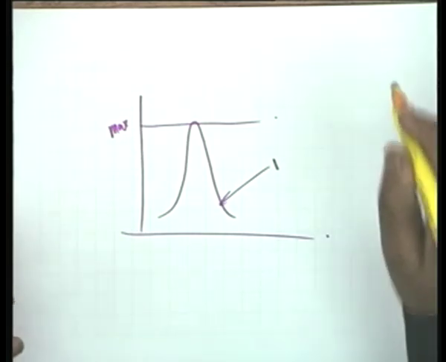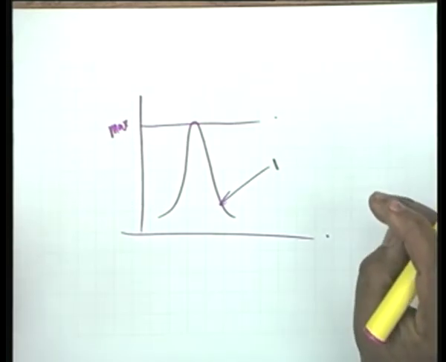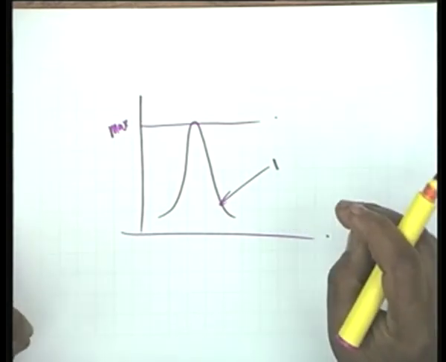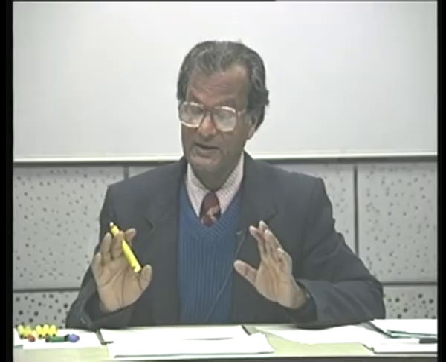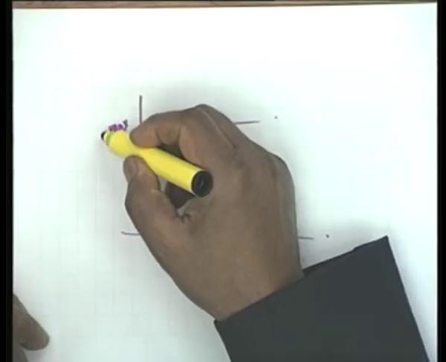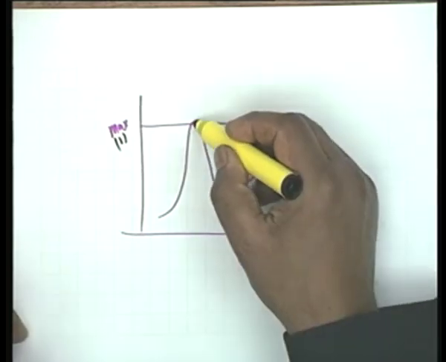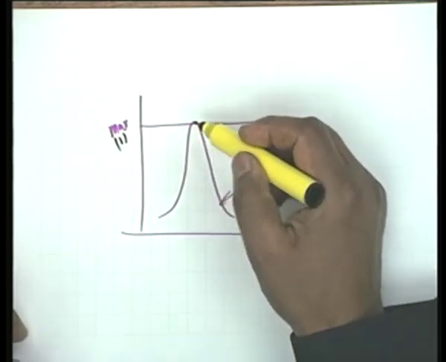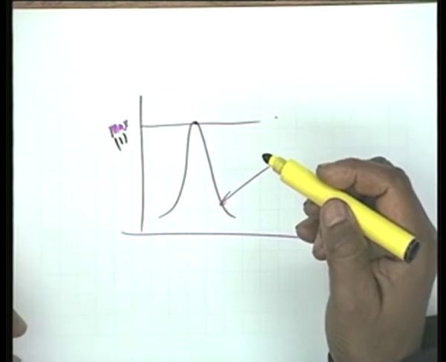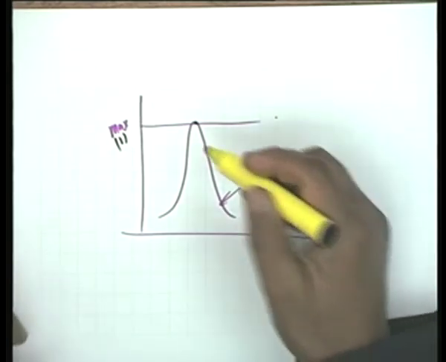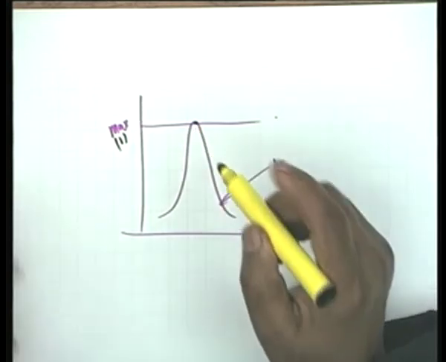If I connect two such tuned circuits in cascade, exactly identical, with the same resonance frequency, what will be the response? Suppose the maximum is normalized to 1. I can always do that. Then you see the maximum does not change, but at any other frequency away from the maximum, 0.9 squared is 0.81, and therefore it becomes sharper.